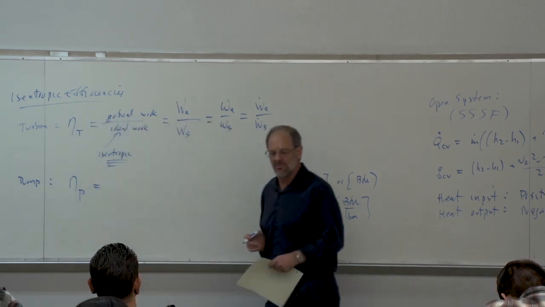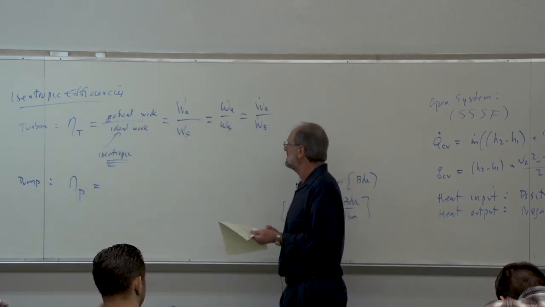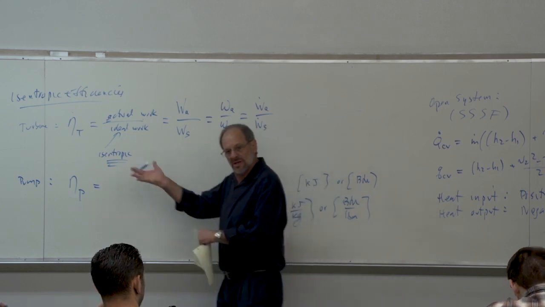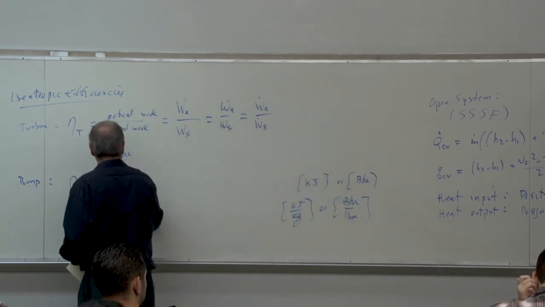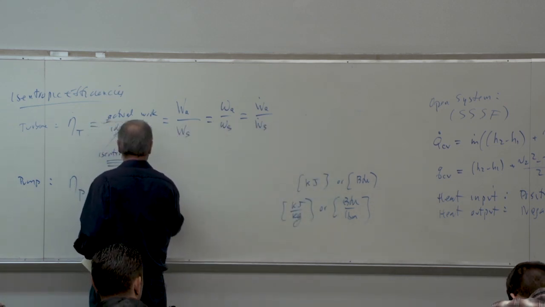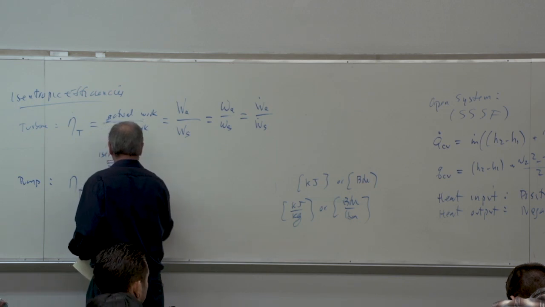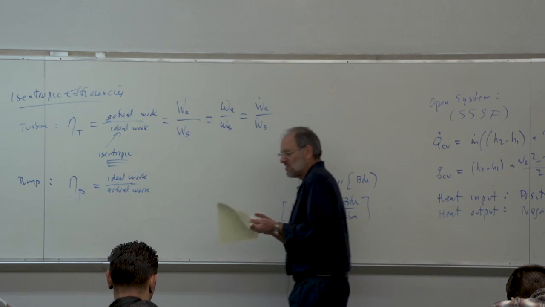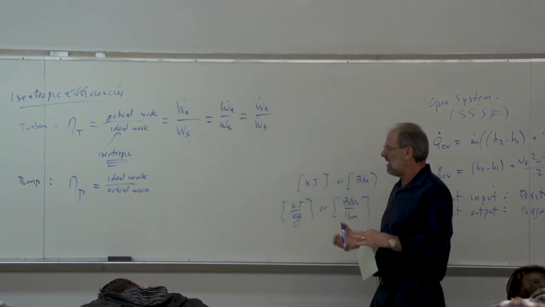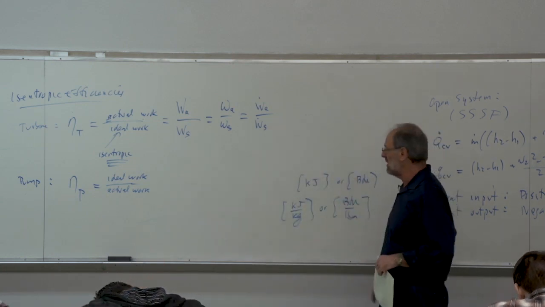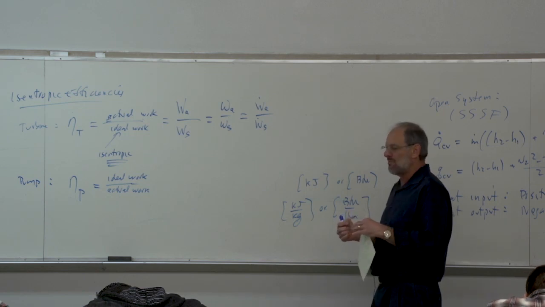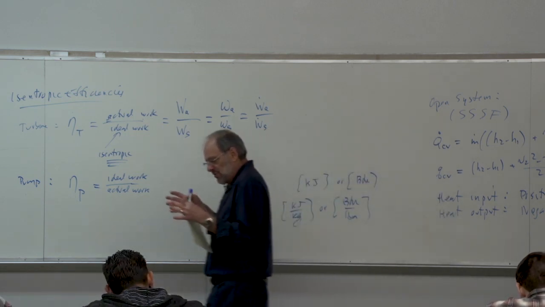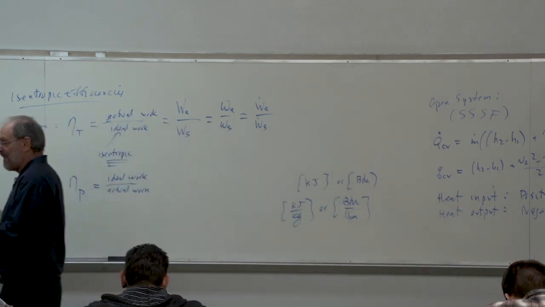Now, for a pump and a compressor, these are work input devices, and as such, we're going to invert our definition. This is going to be the ideal work over the actual work. The reason we do this is because we always want to make sure that our efficiency terms are less than 1, or less than 100%. Realize that in a pump, you're putting work into the system.